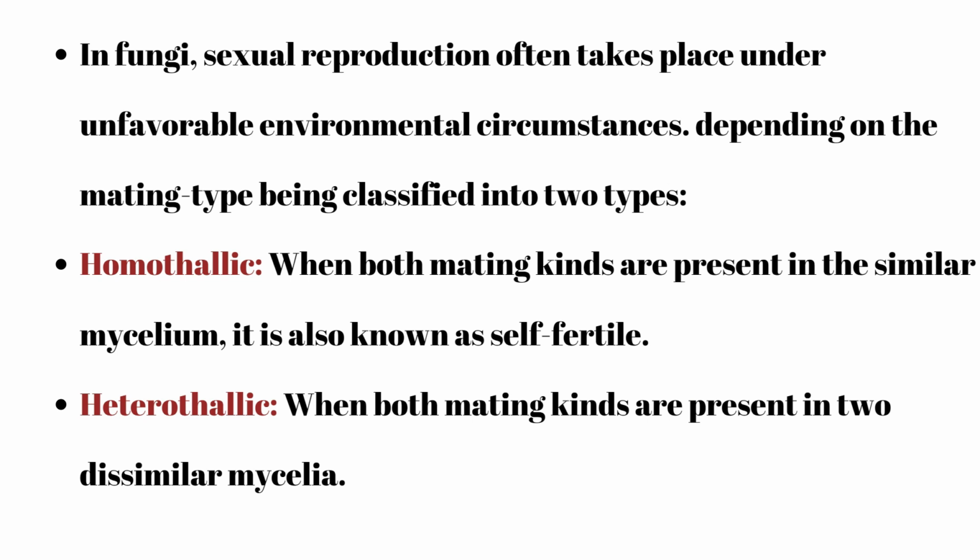In fungi, sexual reproduction often takes place under unfavorable environmental conditions, depending upon the mating type. There are two types: homothallic, when both mating types are present in the same mycelium, which is called self-fertile; and heterothallic, when the two mating types are present in two different or dissimilar mycelia.